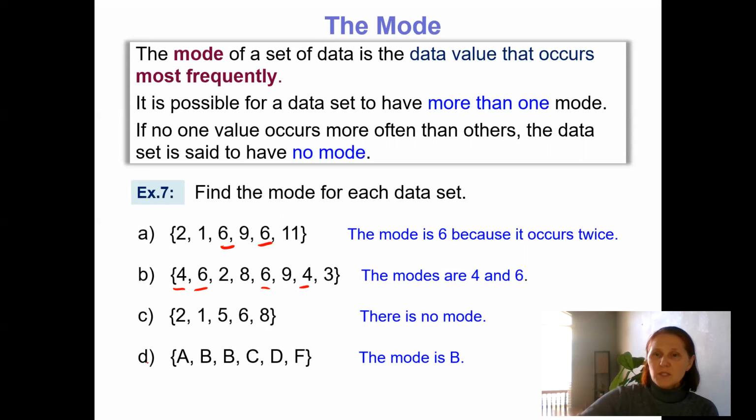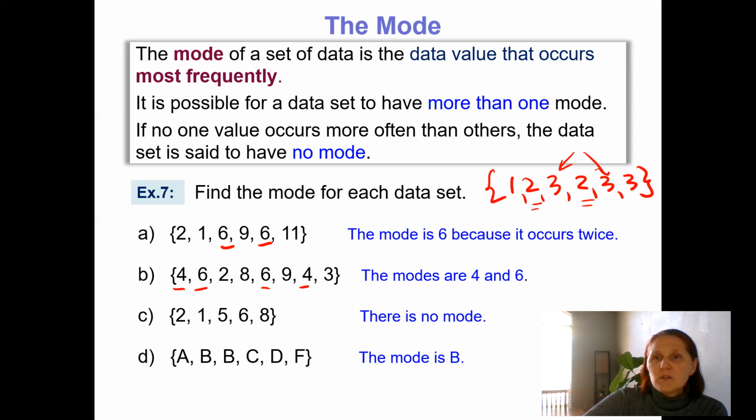So not every number that occurs several times is a mode. For example, in the set 1 2 3 2 3 3, 2 occurs 2 times, but it is not the mode because 3 occurs 3 times, so 3 is the mode in this set.